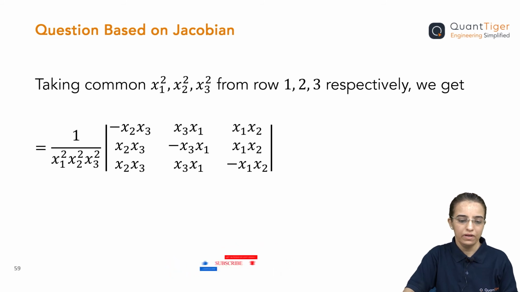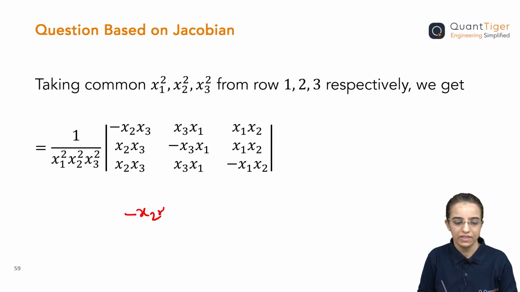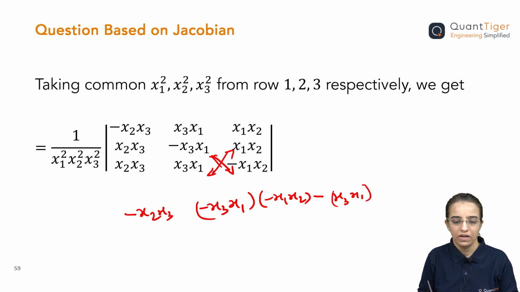So here, how we do the multiplication is: x2 x3 we will take, and we will find the product of x3 into x1, and subtract x1 into x2. How we find this is the multiplication of this minus the multiplication of this one, x3 x1 into x1 x2. So this will be like this, and it will get multiplied with this one.